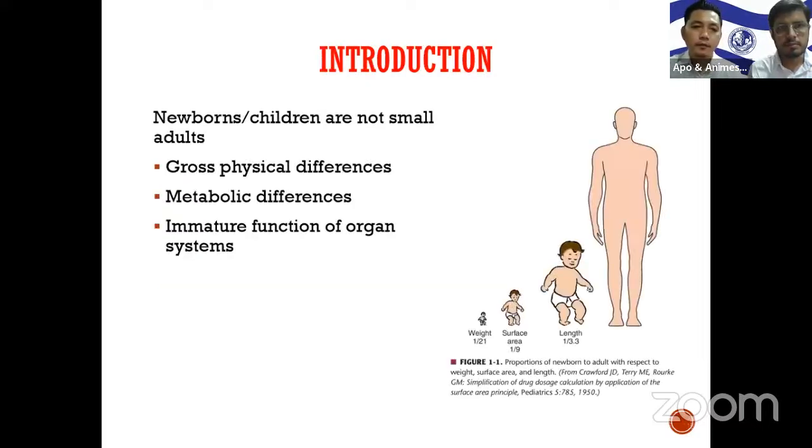Now, to start with, newborns or children are not small adults, as they vary grossly physically. As I've shown in a picture that I've taken from Smith's Pediatric Anesthesiology, showing the body proportion of a newborn to an adult in various aspects, like weight.